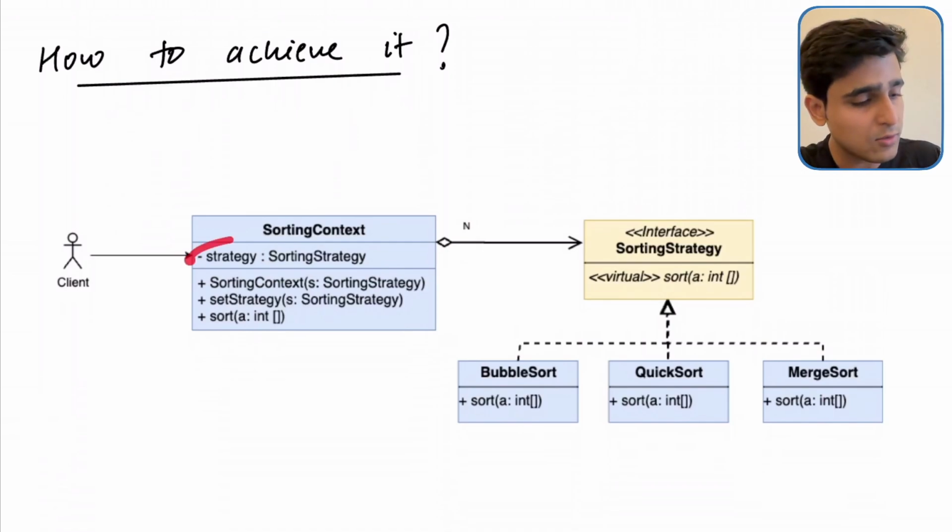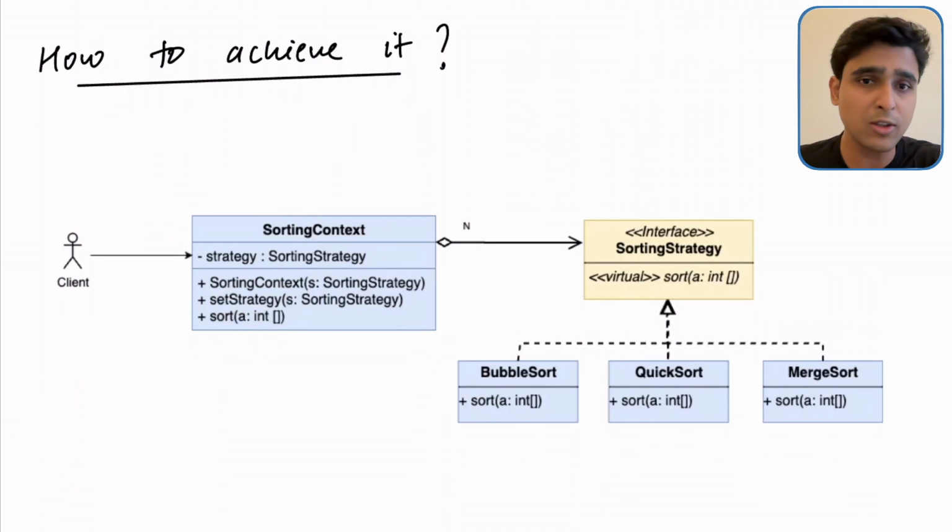So now the sorting context will contain the object of any of the sorting strategies, bubble sort, quick sort, and the client can set any strategy it wants. The client can set the strategy to be bubble sort or quick sort, and the sorting context will hold the object of that. So basically the client is not storing the object of bubble sort or quick sort.